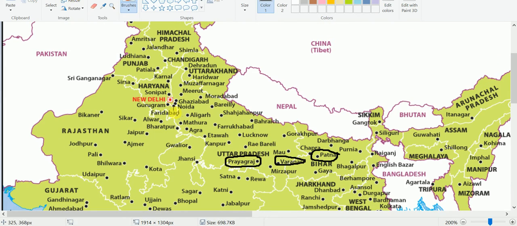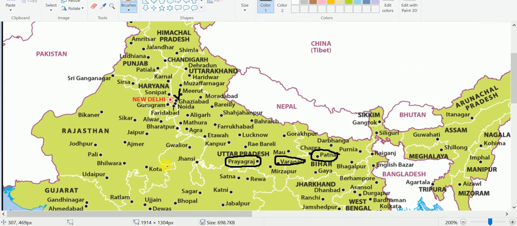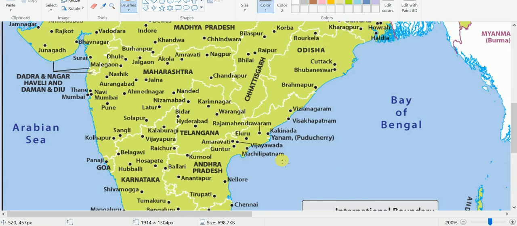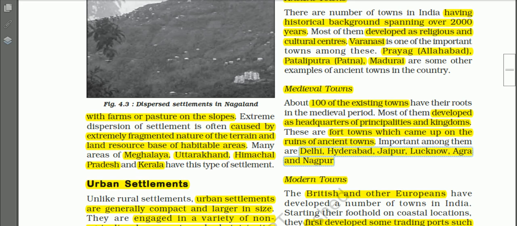Delhi, everybody knows about it. Delhi is here. Then what are the other towns? We have Jaipur, Hyderabad. Jaipur is here in Rajasthan, and Hyderabad, a very important town in the south. So in this way, you can find the location of these towns.